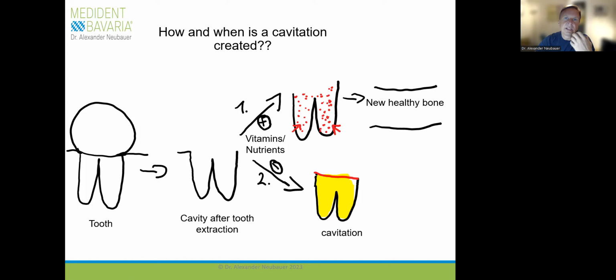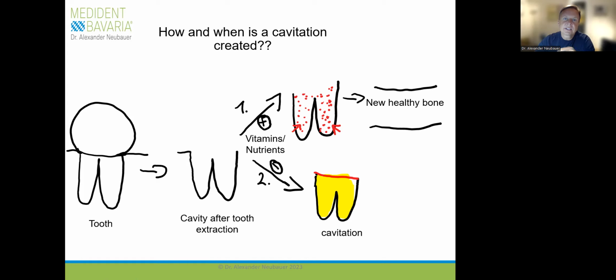The blood is building a blood clot, and new blood vessels come from the jawbone inside the hole and create, first of all, a blood clot, and after that reorganize the blood clot into new healthy bone. So this is the normal way of healing if everything works perfectly.